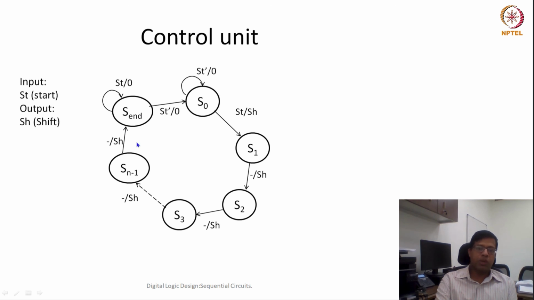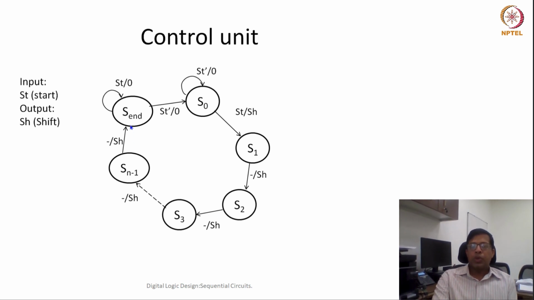From 0 to 1 we are always shifting, and because we are always shifting, we can implement this part using a counter. Okay, so this is the addition circuit using a single bit.